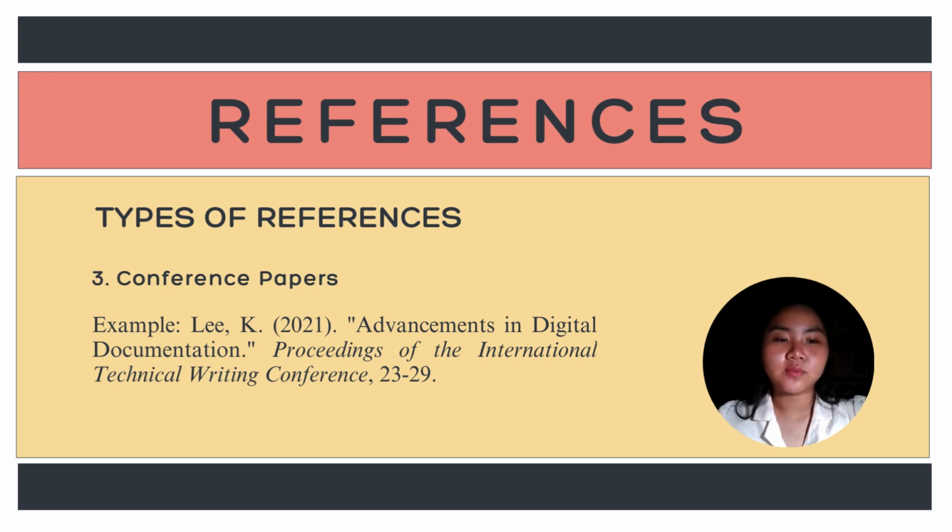For the format, it seems similar to the journal article, but the title of the conference proceeding is italicized instead of a journal title. Lastly, the page range of the paper within the proceedings is included at the end of this reference.